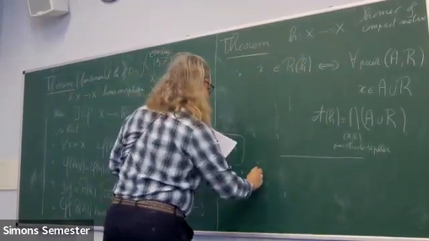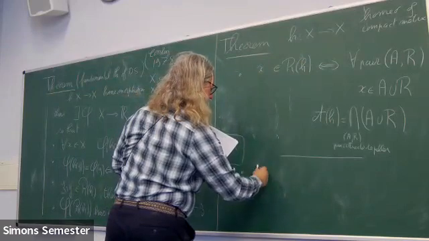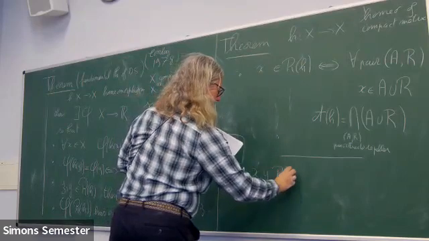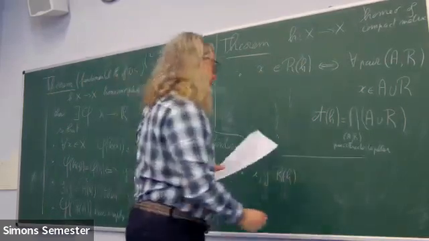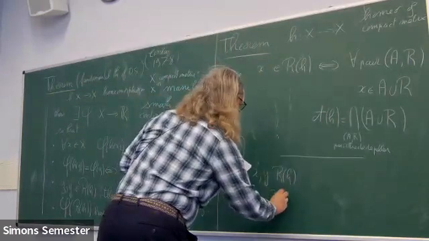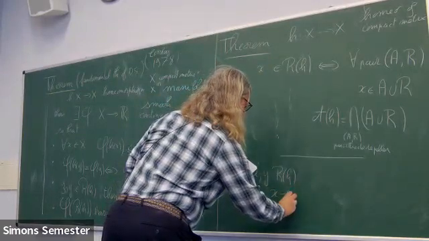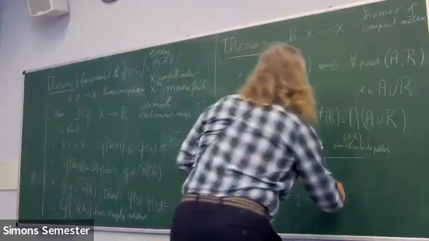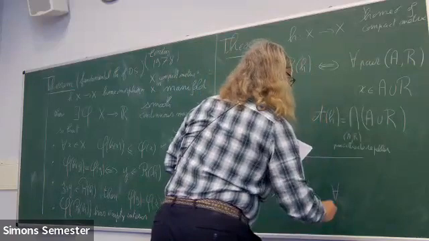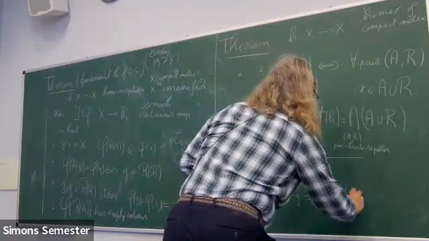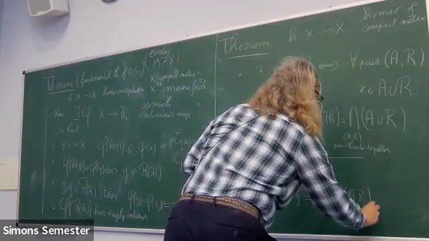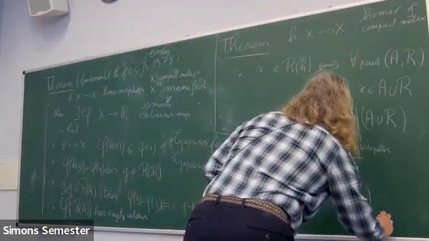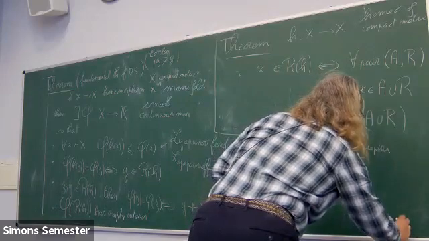And then if you take two points which are chain recurrent, they are equivalent, in the same chain recurrent class, if and only if for any pair A, R, you have that X belongs to A if and only if Y also.